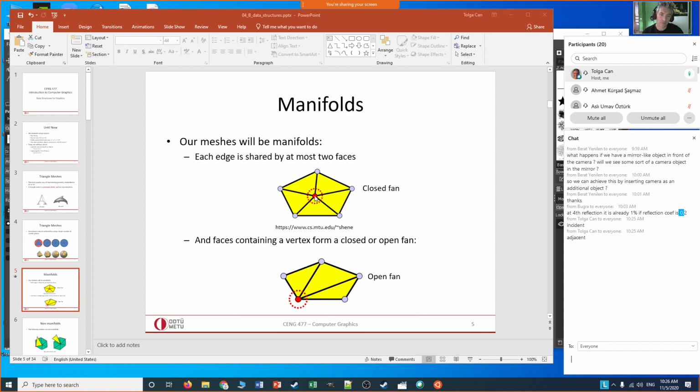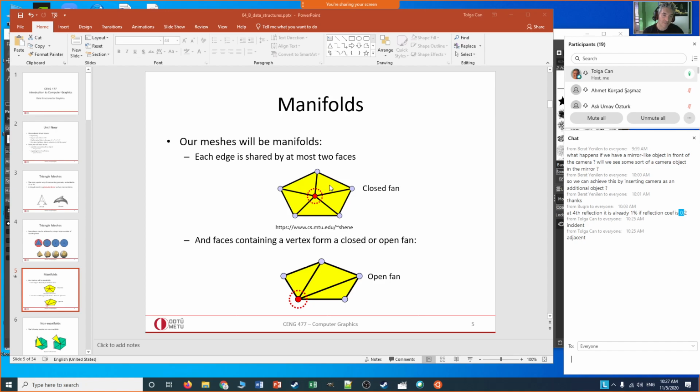For example, if you look at this again, faces containing a vertex, again we can say faces incident on a vertex. If you look at this vertex, the faces around it form a closed fan. Starting with this face, I can say this face, this face, this. I can actually follow through all the faces around this vertex, and they are forming a closed loop around the vertex.